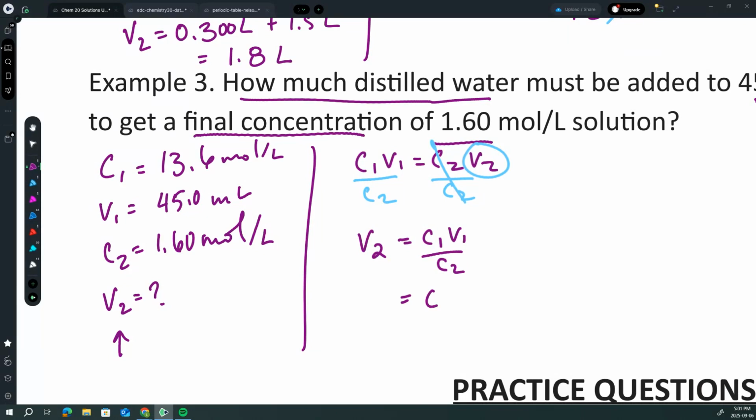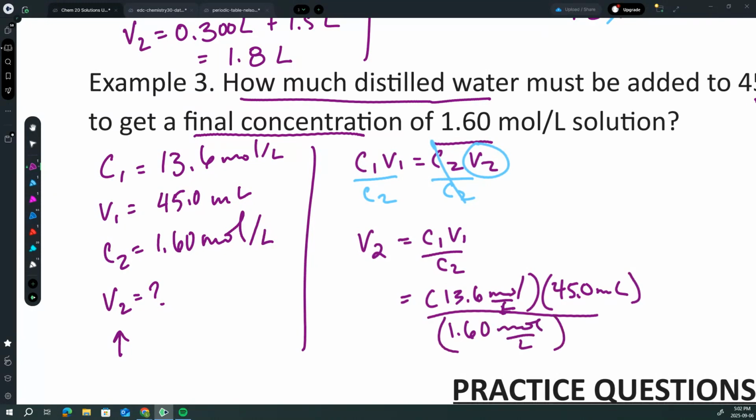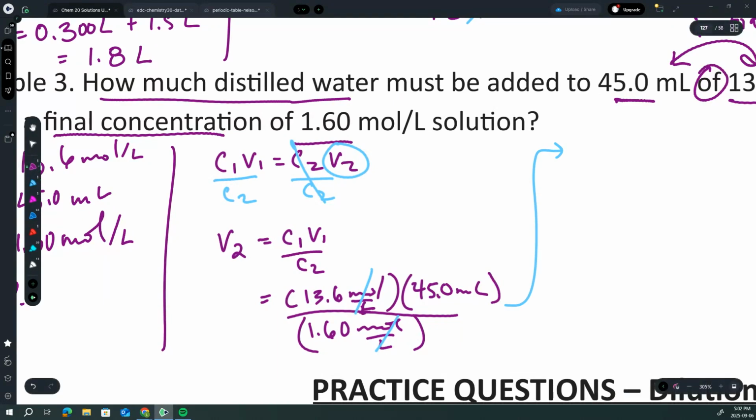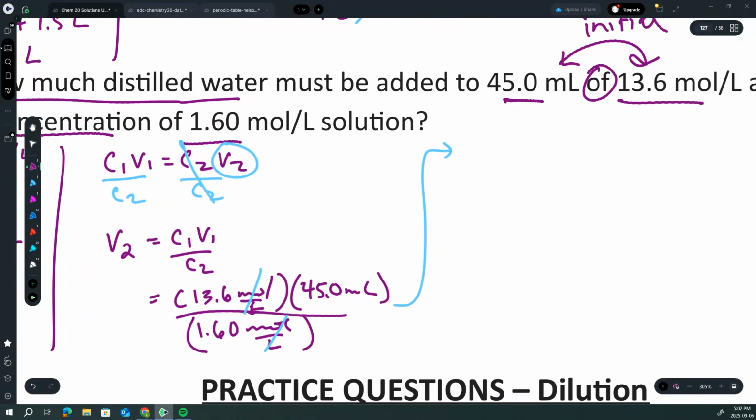Let's plug in our numbers here. 13.6 mole per liter, and we have 45 milliliters, and we have 1.6 mole per liter. Moles per liter cancel out, so our units are going to be milliliters. So 13.6 times 45, then divided by 1.6. That's going to give us 382.5 milliliters.